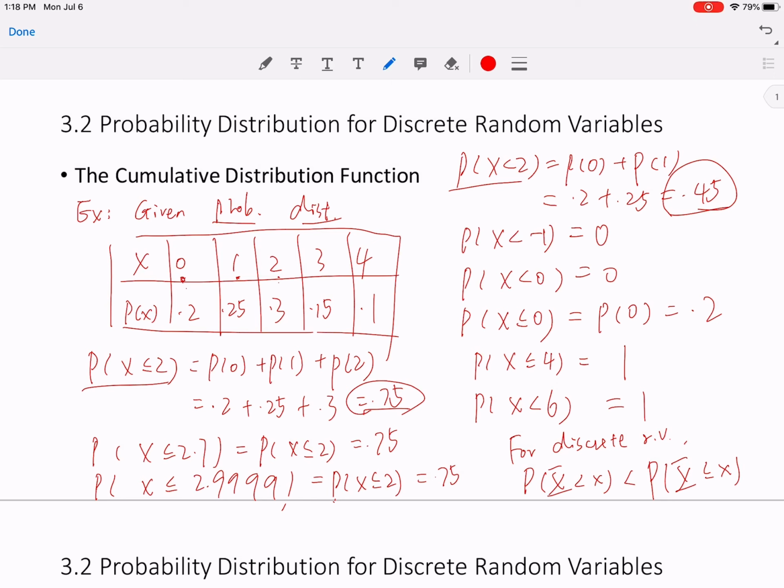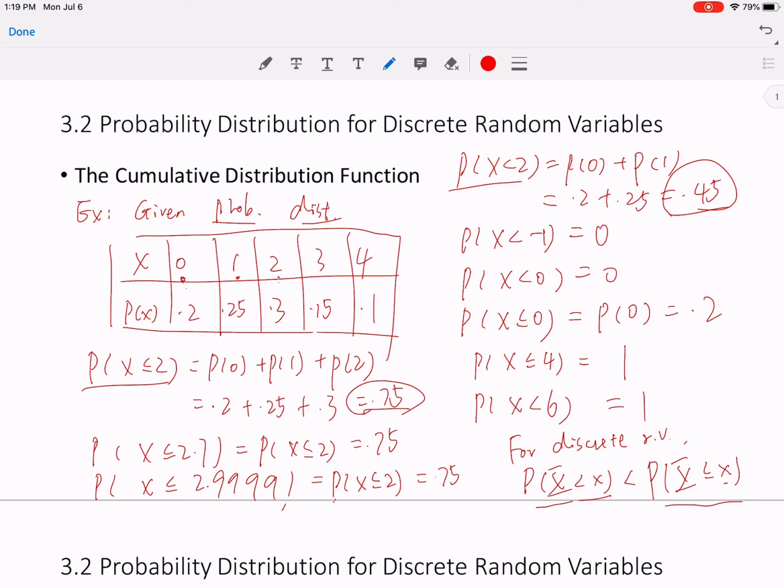Why? It's because the single point, the single possible value of this random variable matters. We can calculate the probability of a single point. In this case, that means we are adding the value x to the interval x is less than x to get x is less than or equal to x.